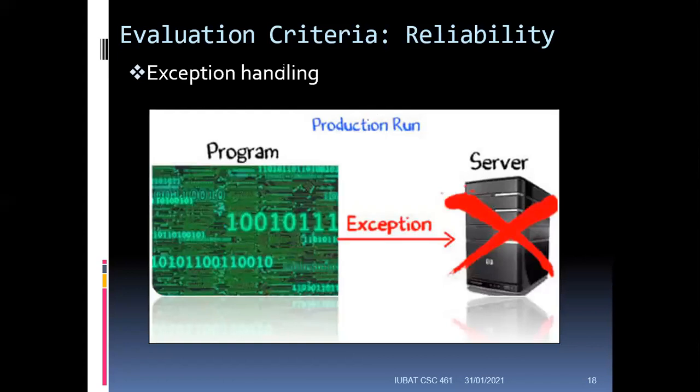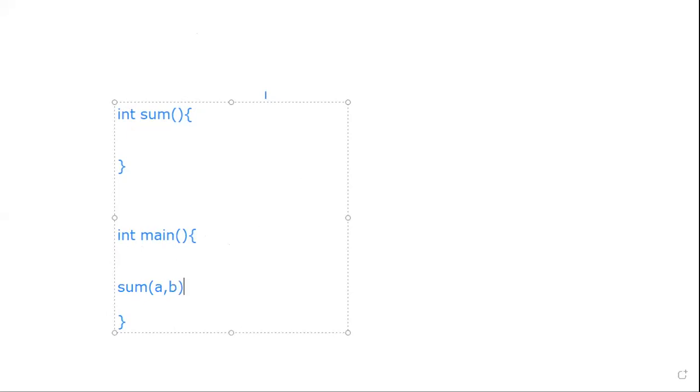So let's say you are using a program, and in that program you have a function, integer sum, let's say simple names, and this is integer main. In the main function you're calling the sum function with two variables A, B. Now what aliasing means: let's say you are using a variable that is integer age.